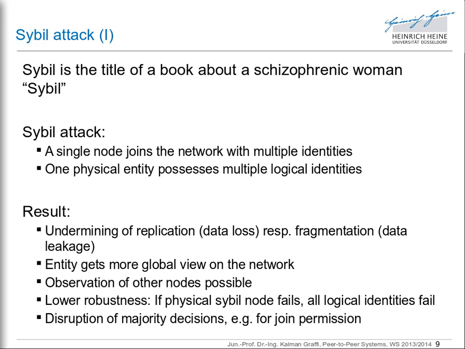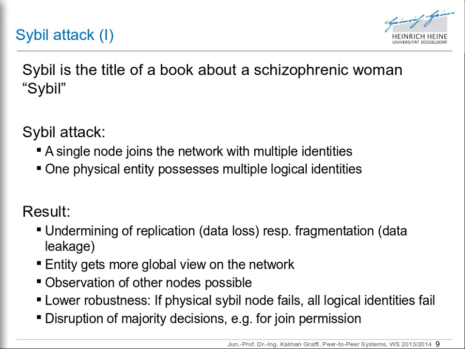Like mentioned in the last lecture, a Sybil attacker could place some identities around an ID it wants to own, and all its replicas will be taken.